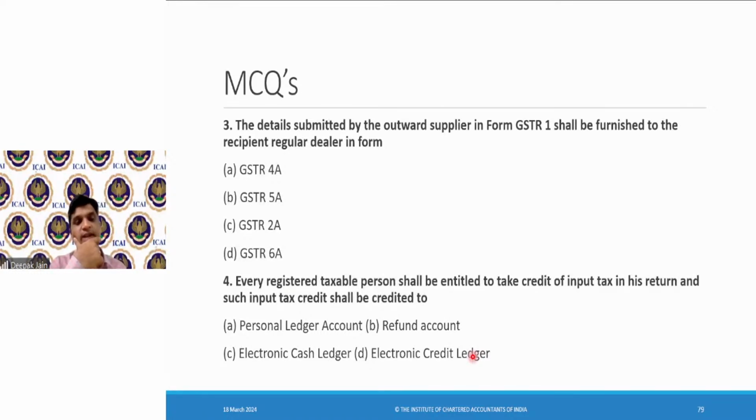Third one, answer is C, right? Third one is C. And fourth one is D. Correct. Third one is C, and fourth one is D. Very simple.